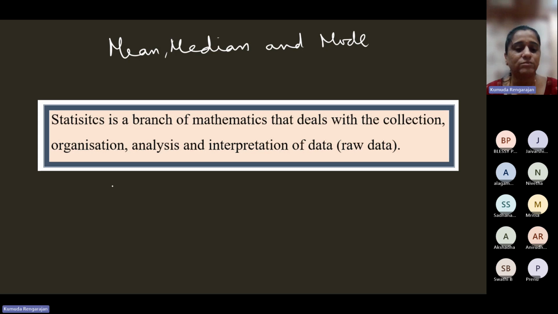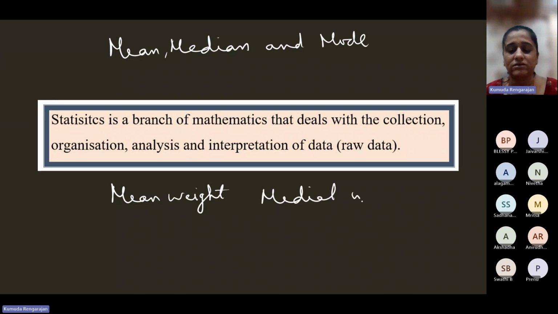Supposing it's about weight, he's collected the weight of a set of 100 students. So he would have found the mean weight or median weight or modal weight.